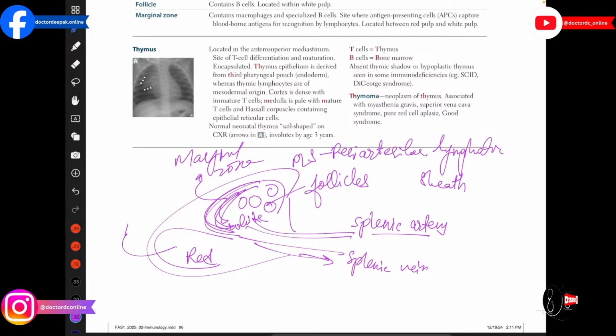In the red pulp, the most important thing is the sinusoids. So the spleen has two parts, white and red pulp. The white pulp has three parts: follicles, the periarterial lymphatic sheath, and the marginal zone, and the red pulp has only one important part, the sinusoids.